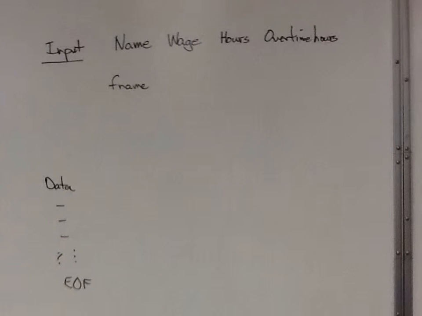We take a look here, so we have a problem in which we talk about input, and you think of the variable names that you're going to use. Of these variables, this one probably would be a floating point, and then this one and this one, maybe hours and overtime hours, might be integer variables.